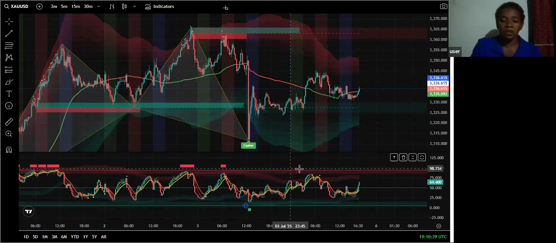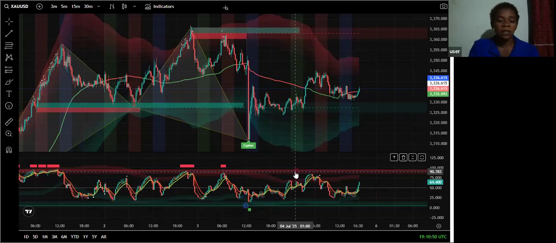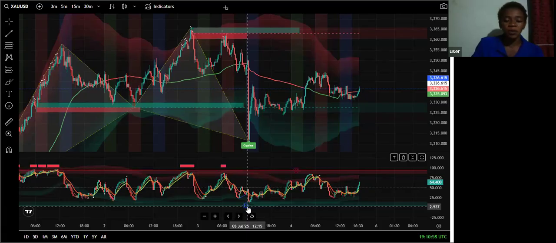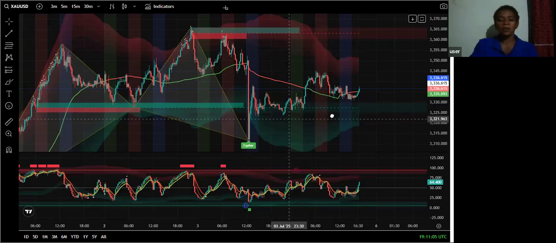Once you see it above, it signifies something, and once you see it below, it signifies something. Above is when it's at the resistance zone, it is going to sell, and that is why the market sold down. But when you see it at the support zone, you see the market moving up, which is like a bullish market.